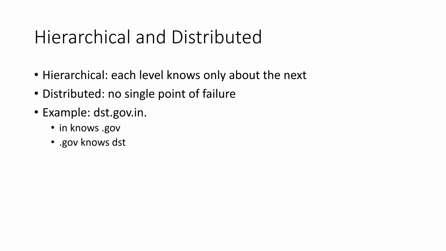It knows about .gov domains under it. .gov refers to the Indian government departments. It knows about DST, which stands for the Department of Science and Technology again. Finally, DST manages records for its own subdomains or host. This structure ensures that updates and lookups are fast and local whenever possible.